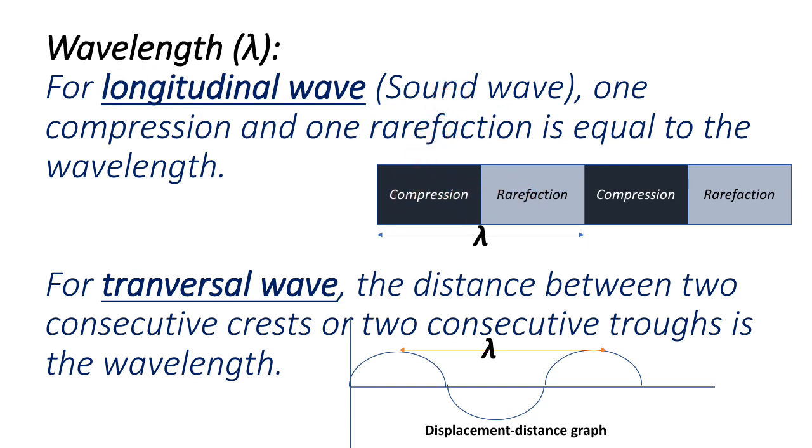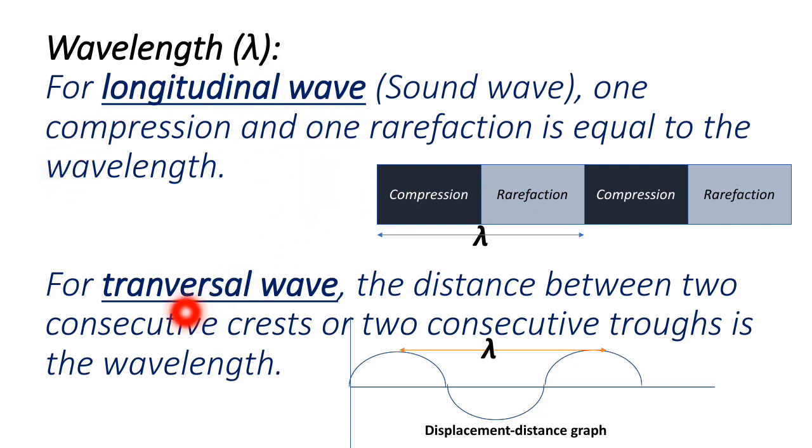Compression means a high pressure region, and rarefaction means a low pressure region, where the particle density is very low. Here particles are closely packed, here particles are away from one another. So for the longitudinal wave, the wavelength is equal to the sum of one compression and one rarefaction. So this is for the longitudinal wave.